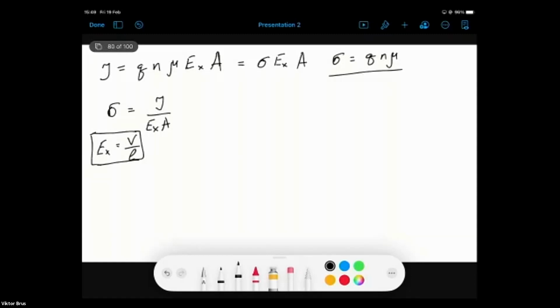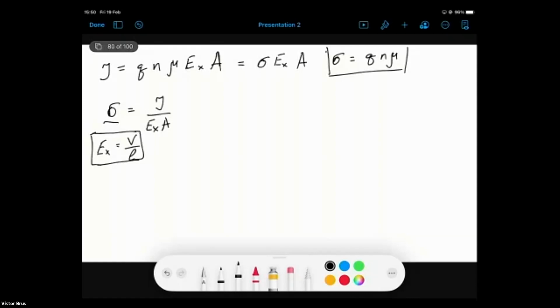So now we know these parameters. We know current, we know electric field in x direction, we know area. So we can determine sigma. And at the same time, we know that sigma is related to the mobility with this equation. So sigma is equal to Q times N, electric charge times concentration of charge carriers times mobility of these charge carriers.